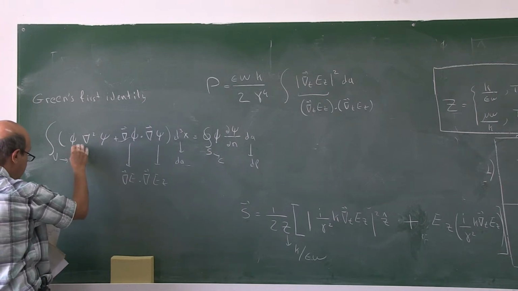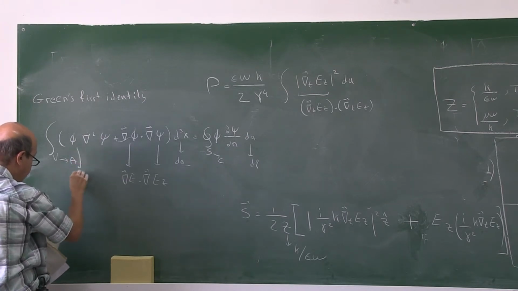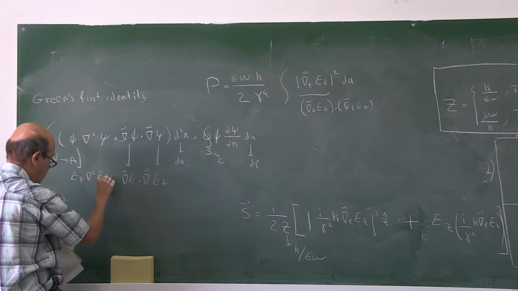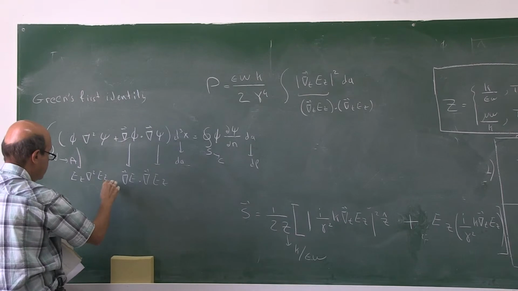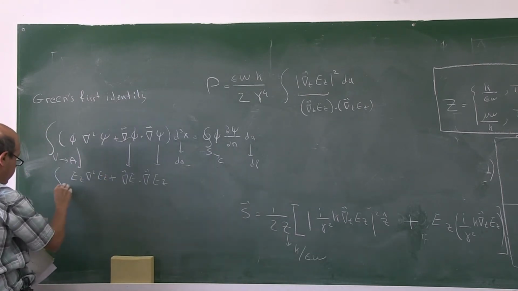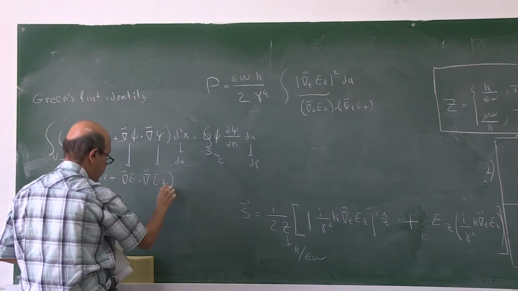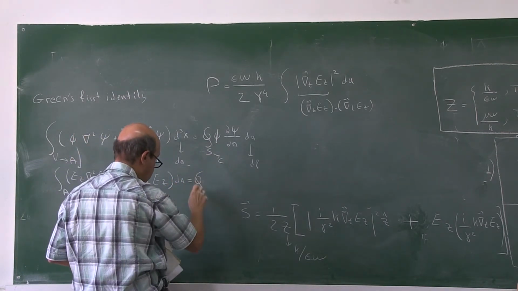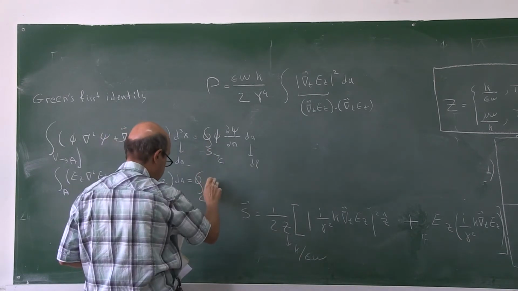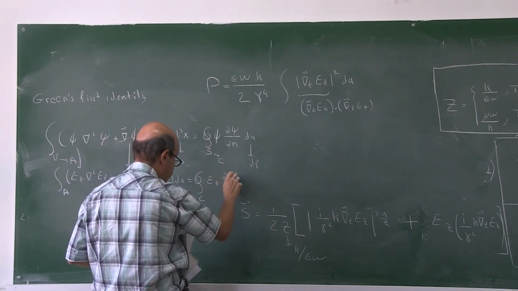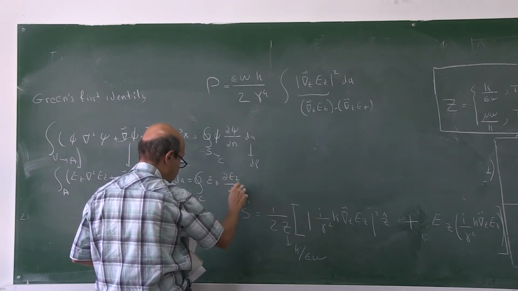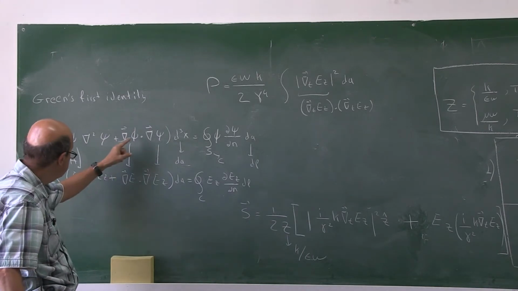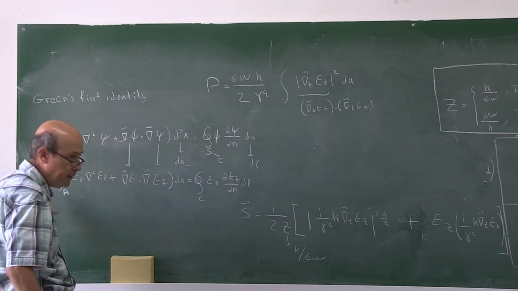This is Ez, and this is Laplacian of Ez, the second term. We have the plus area integral, and instead of surface, you have the contour integral, and that is Ez del Ez over del n dl. Okay? If you say phi and psi is Ez, you can get this.